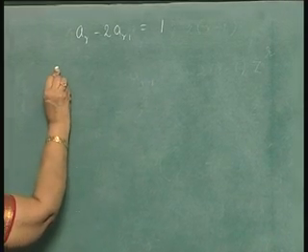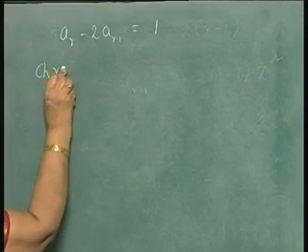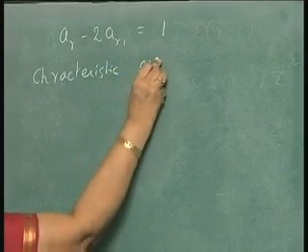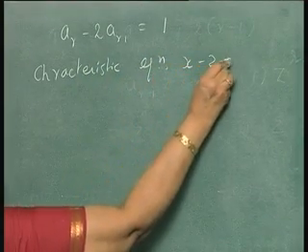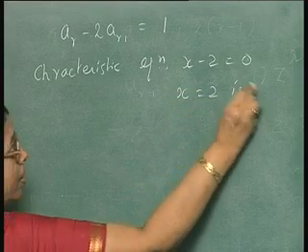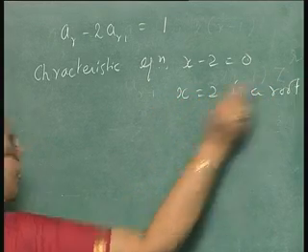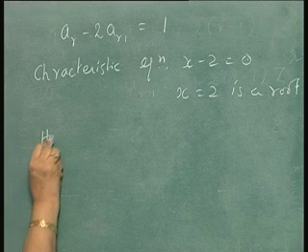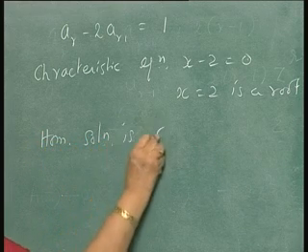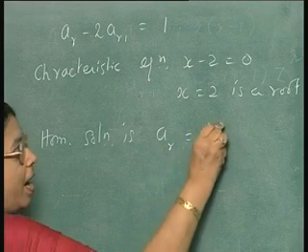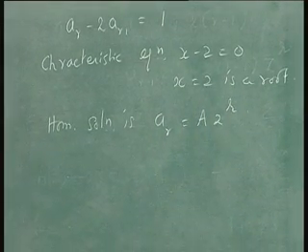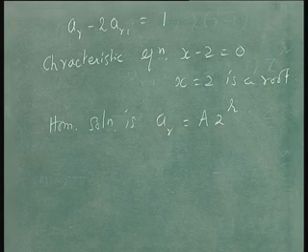So, the characteristic equation is x minus 2 is equal to 0, or x is equal to 2 is a root. So, the homogeneous solution is A_r is equal to A times 2 power r. We have to find the value of A from boundary conditions.